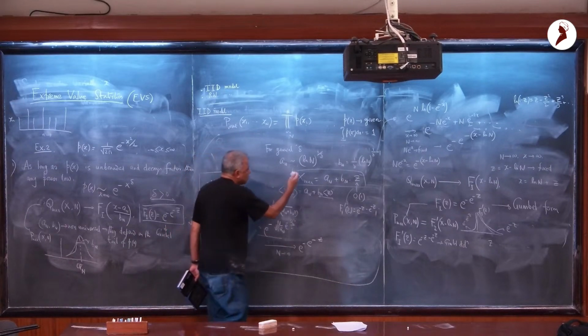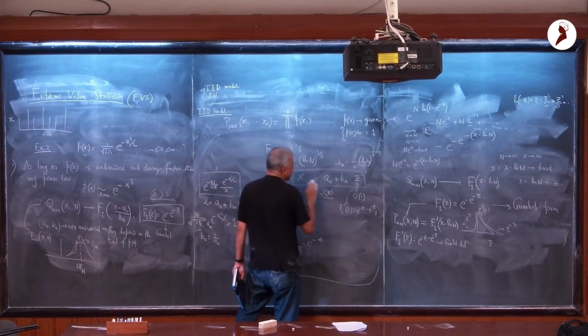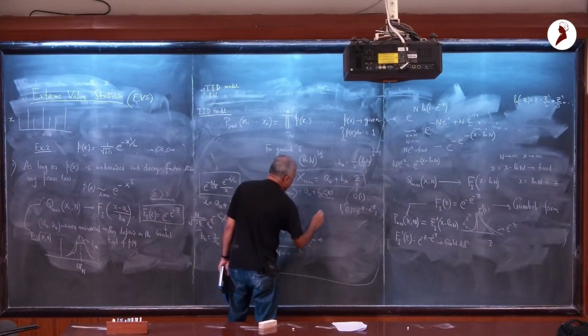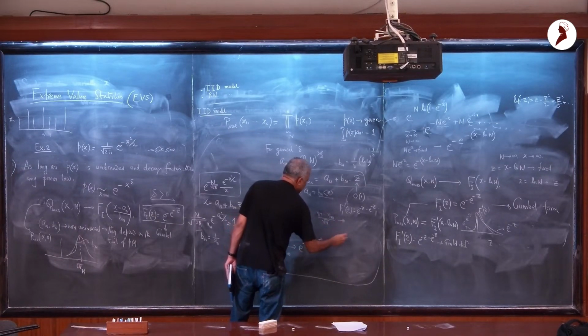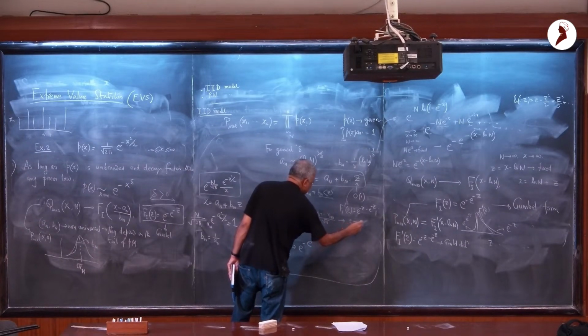But basically, you have to remember this about x max, just like the sum of random variables. Remember that if I have a sum, like eta 1 plus eta 2 plus eta n, divided by square root of n, this was converging to a random number which is distributed as Gaussian, right?